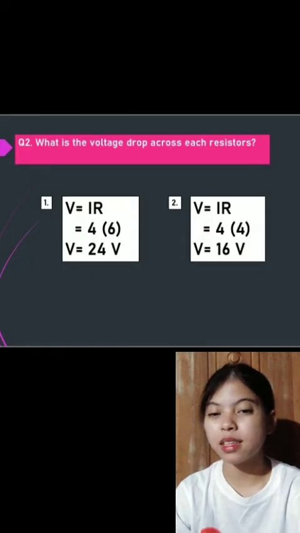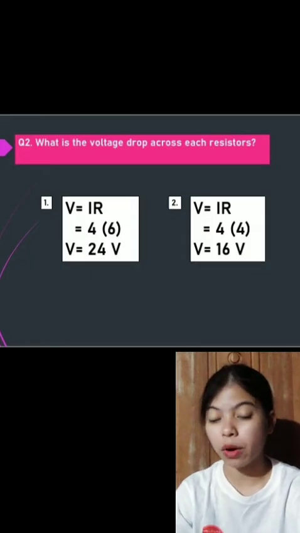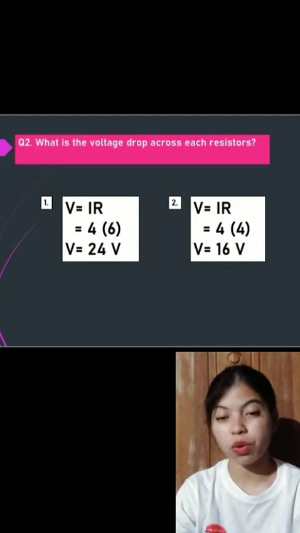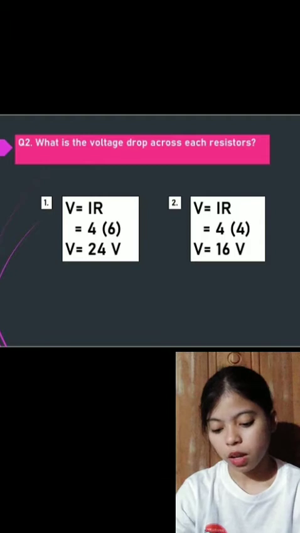So the next question is, what is the voltage drop across each resistor? Let's start with the 6 ohm resistor. To find the voltage across it, of course we will use Ohm's law.